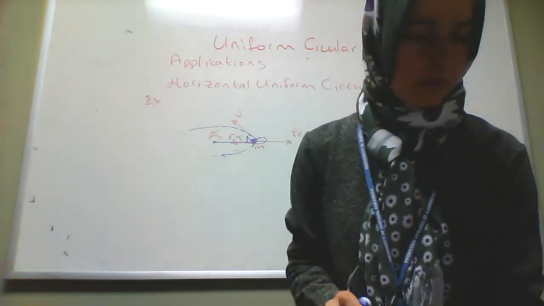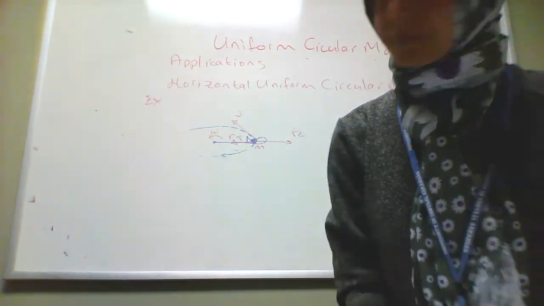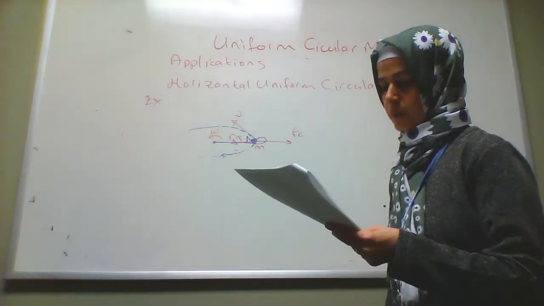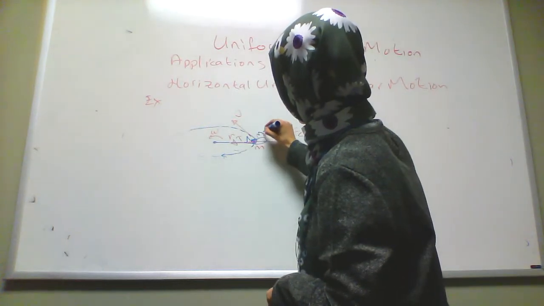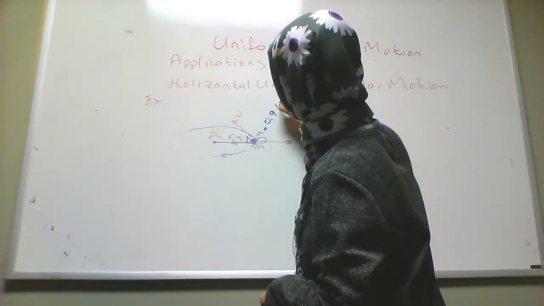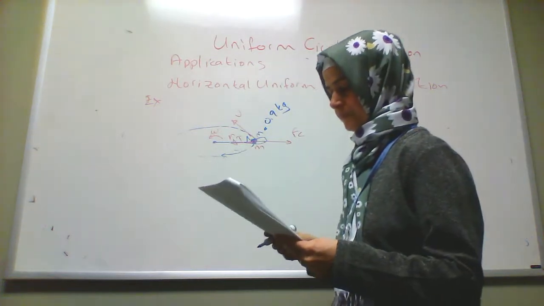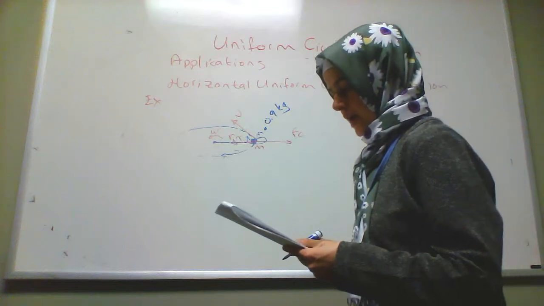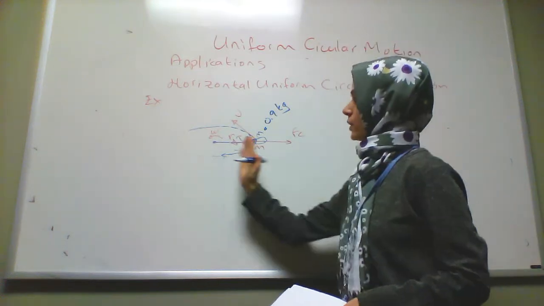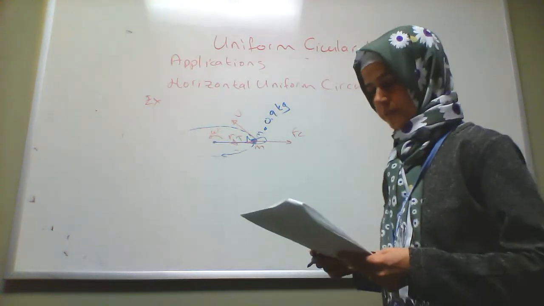Let me read the question for you. The model airplane with a mass of 0.9 kilograms, so m equals 0.9 kilogram, in the figure moves at a constant speed on a circle that is parallel to the ground. So it's a horizontal circular motion.